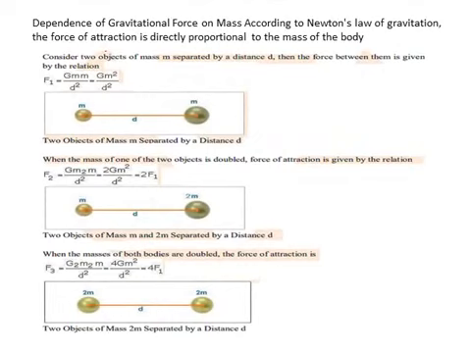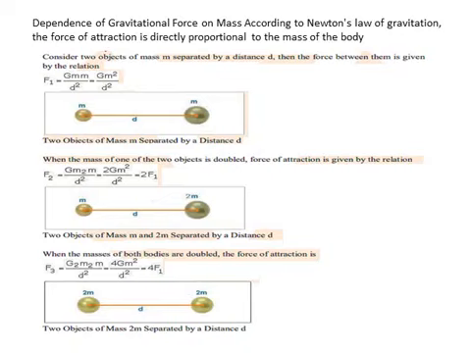Children, in this slide, let us see how the value of F is affected when the masses are changing. We have already seen that the force of gravitation depends on the product of the masses. So two masses are being taken.